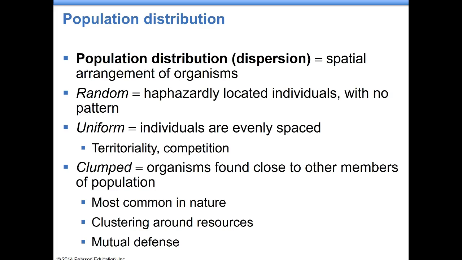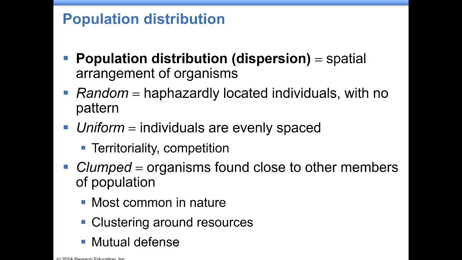This is where individuals are evenly distributed throughout, evenly spaced. And that's going to be that way because we're going to see territoriality happening. This is big among chimps. They have a certain territory that they're in. And then competition is another reason why we would see that uniform distribution.